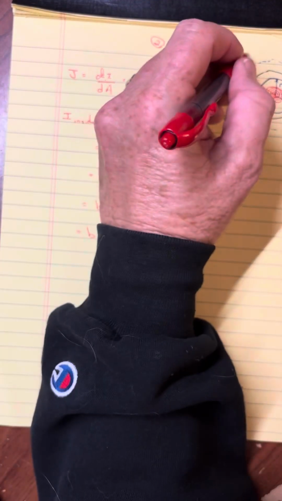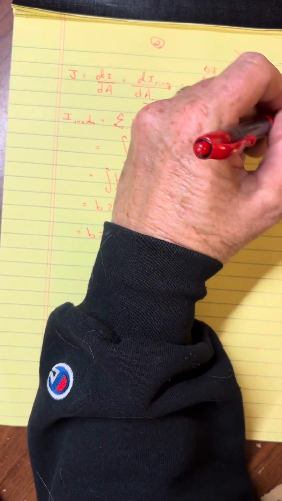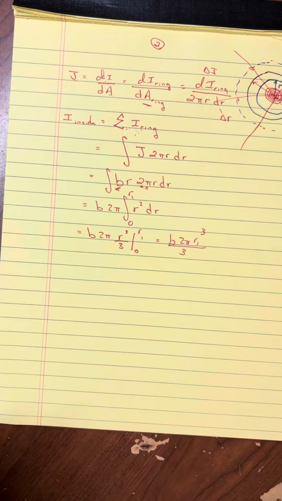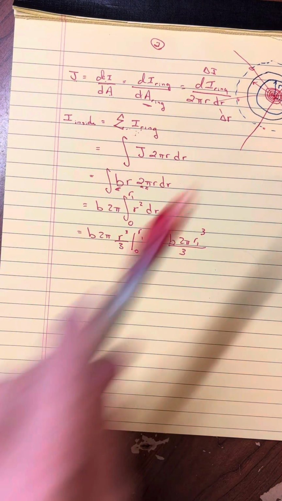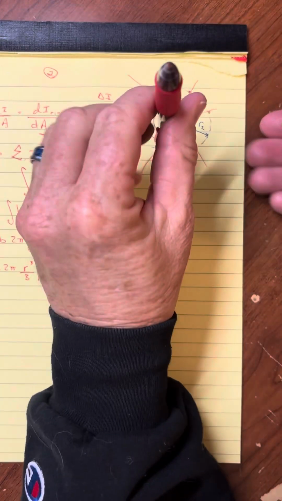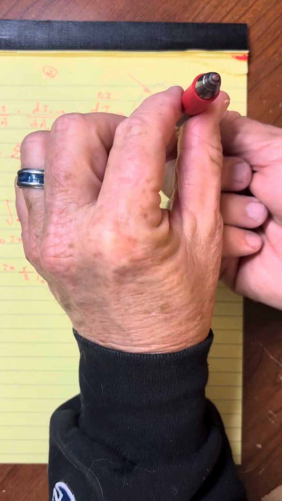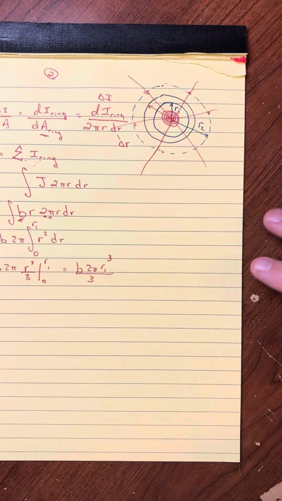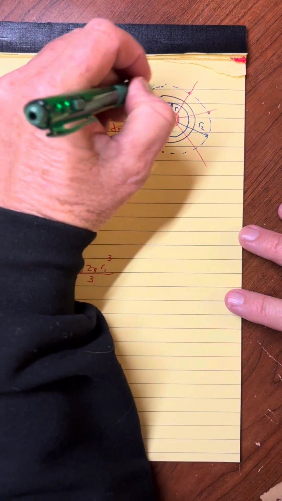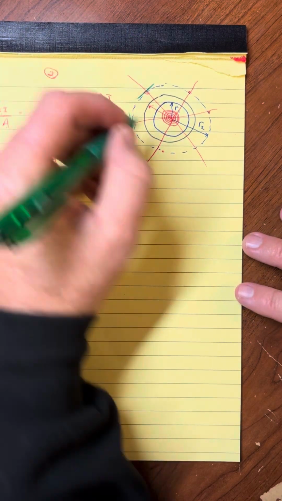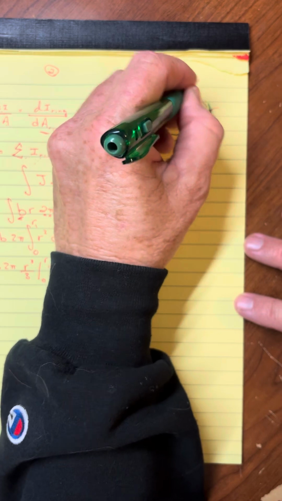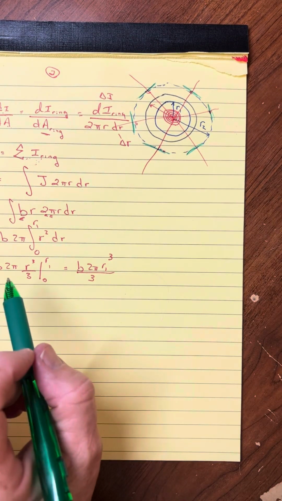And also, the lines of anti-symmetry, meaning that if you took this whole wire and flipped it around, all these anti-symmetry lines would tell us that the magnetic field must be perpendicular to these red lines. And so the green line is the magnetic field.